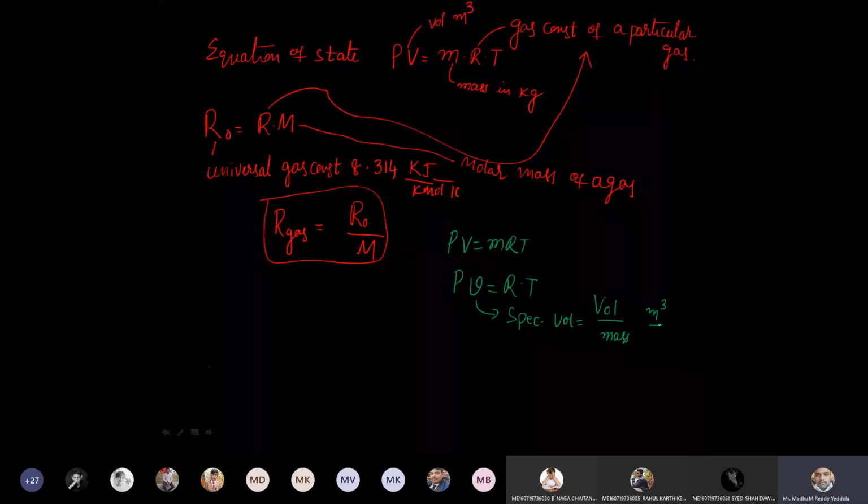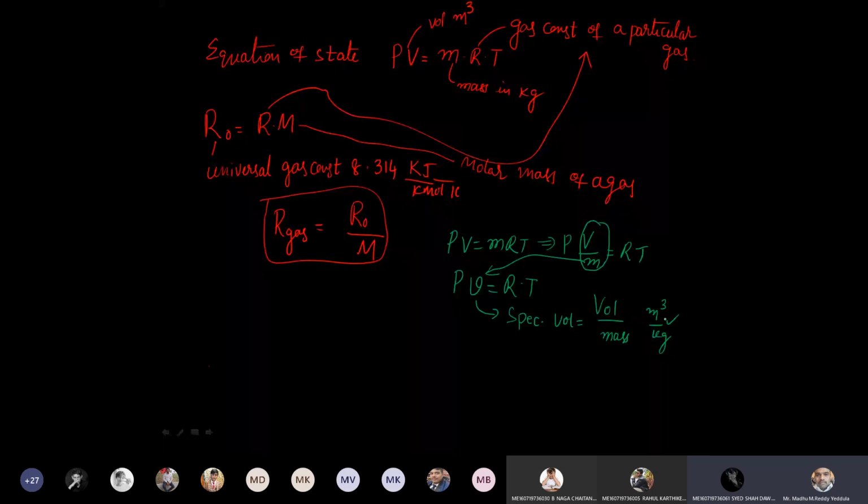So P small v equal to RT, P capital V equal to MRT. Since specific volume is volume per mass, I can write PV by M is equal to RT. V by M is nothing but the specific volume, denoted by small v, with units meter cube per kg.